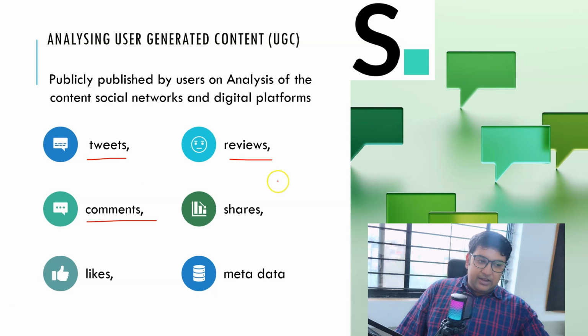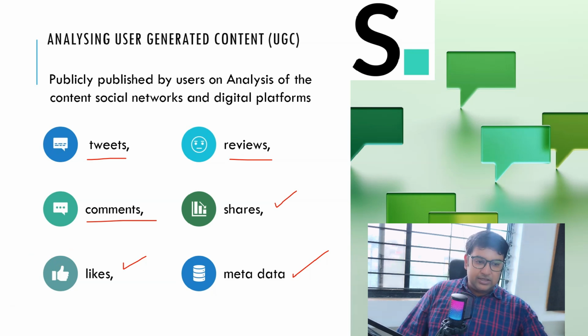Shares, on the other hand, are structured data, the numbers, quantitative data to be more specific. Then the number of likes is again quantitative data, and metadata includes the time, location, and the person, the account behind that particular post, and so on. So these are the different types of user generated content that you can use in your data science and in analysis.